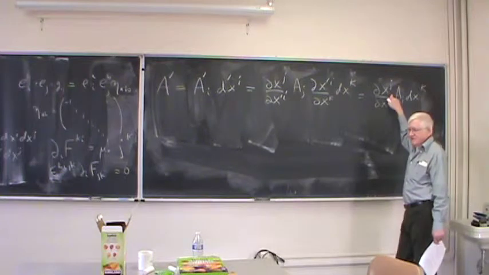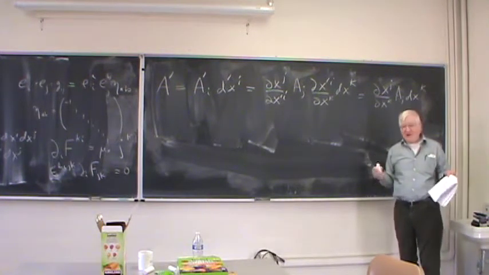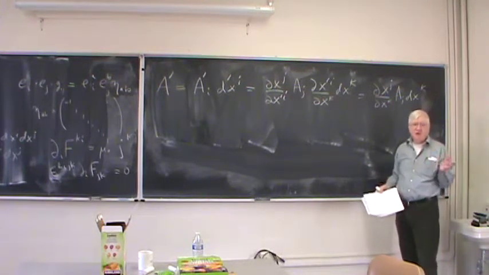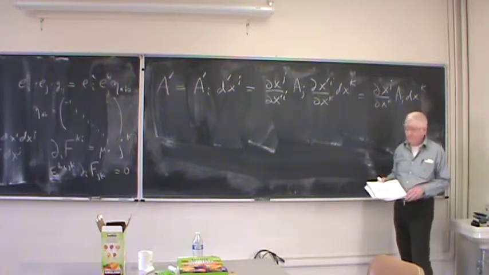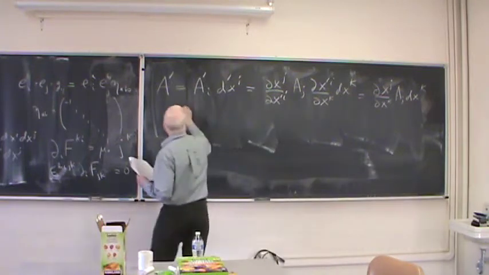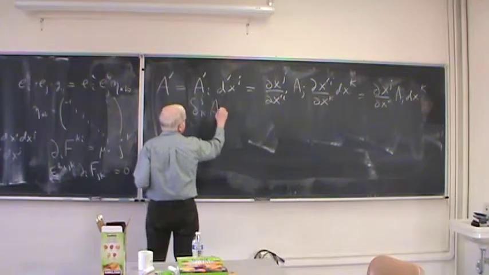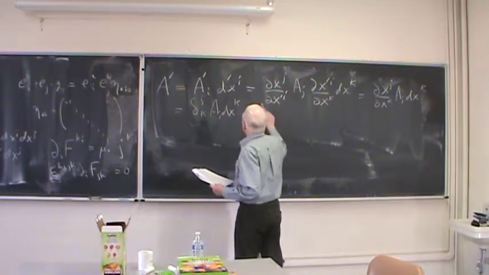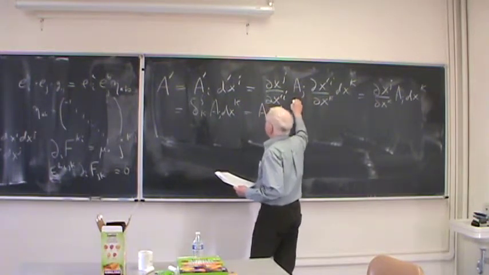This is one when they're the same, zero when they are not. And notice, it's 1, not 1 or minus 1 depending on it. So whether the j and k are time indices or space indices, no problem. And so this is delta^j_k a_j dx^k, and this is then just a_j dx^j.